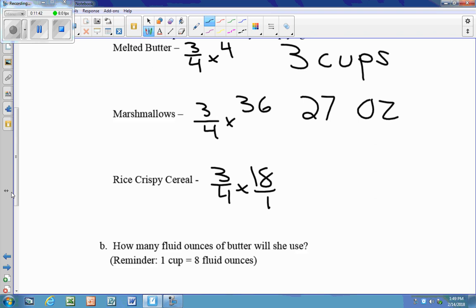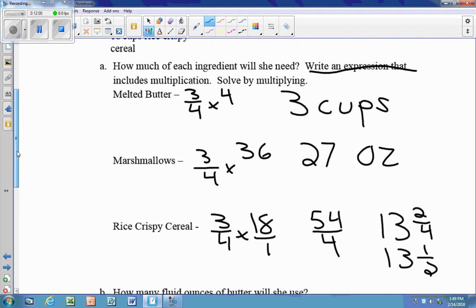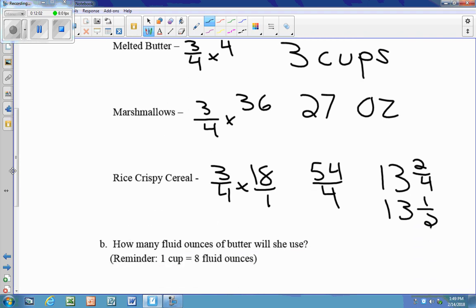And when we do that, we end up with 54 fourths. And when we divide that, we end up with 13 and 2/4, which is 13 and 1/2. Remember, no equal signs because it's an expression. And we need to make sure what the unit is, and it's cups for this one. So that's how we do that.